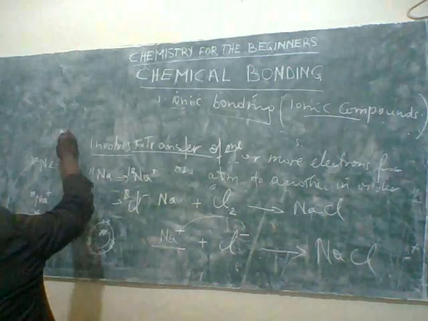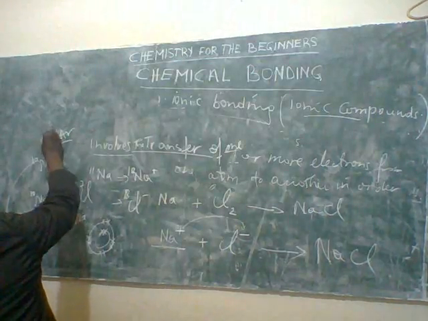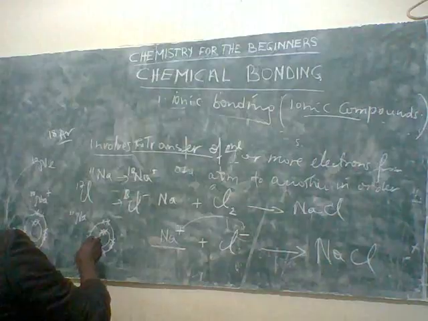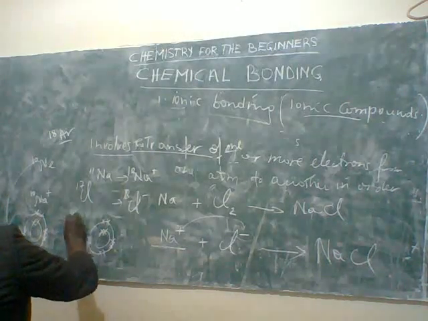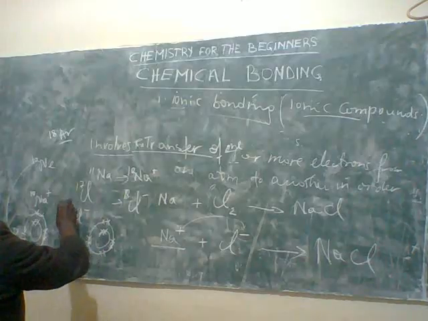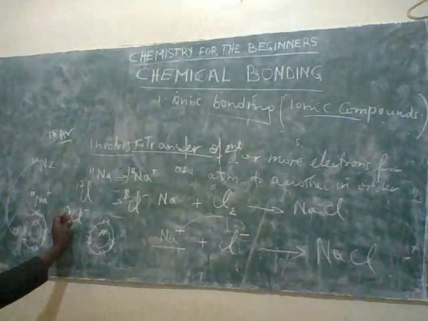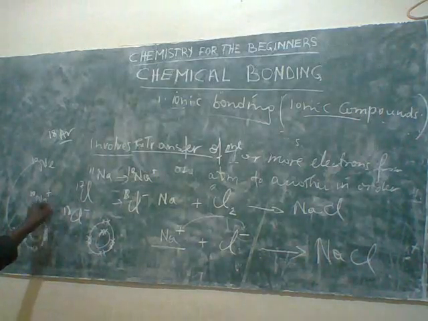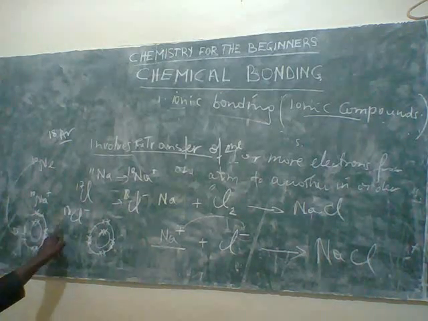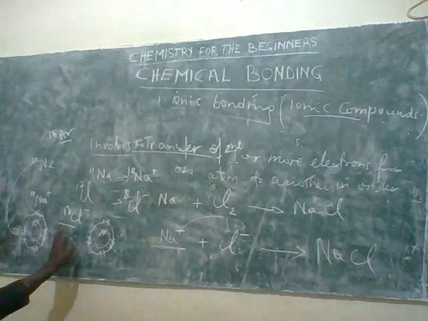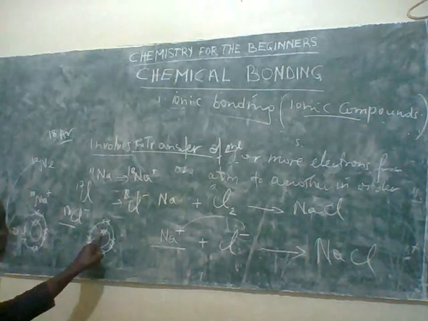When we say here, it is the chlorine ion, which is 18, because it has received an electron from sodium, which has lost one. So 18 here, these are 10.